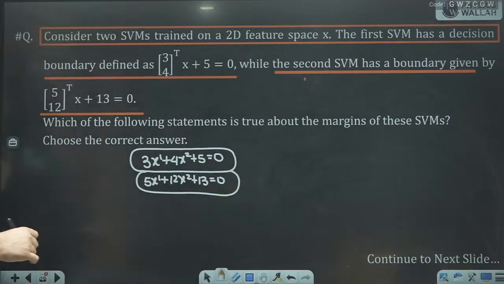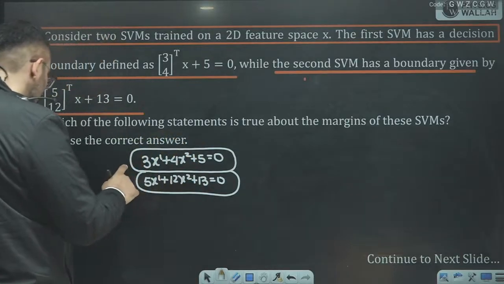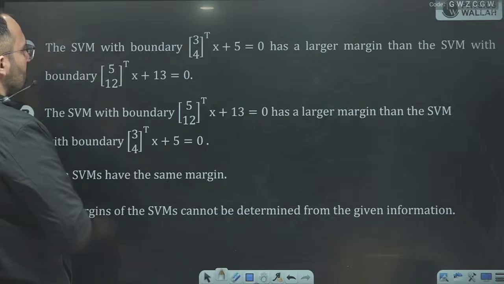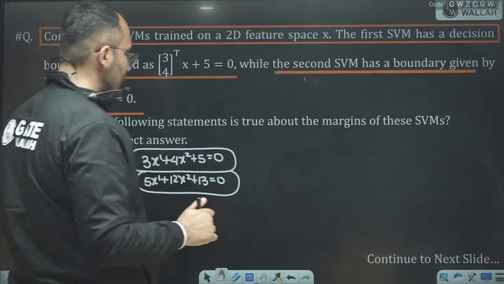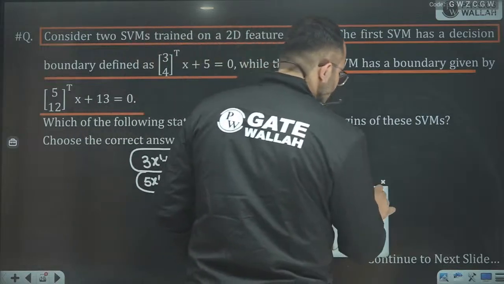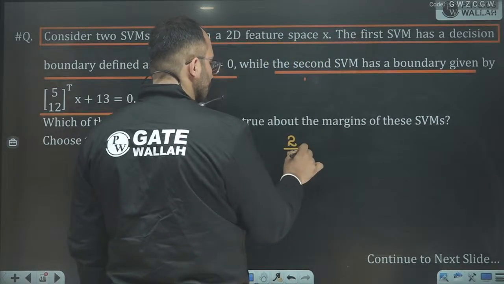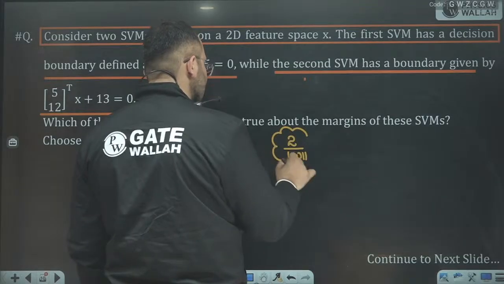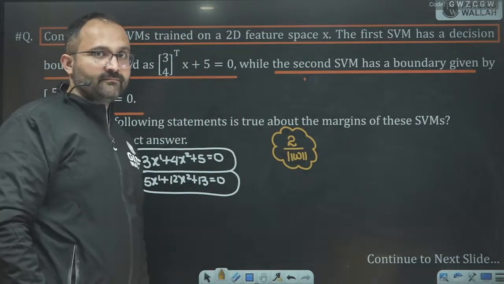Now I think we have done this question in our 1500 series. Very beautiful question, the SVM with the bound. Now we have to compare the margins. We know that the margin is 2 upon norm W. But we cannot tell the margin until and unless the marginal planes are given to us.